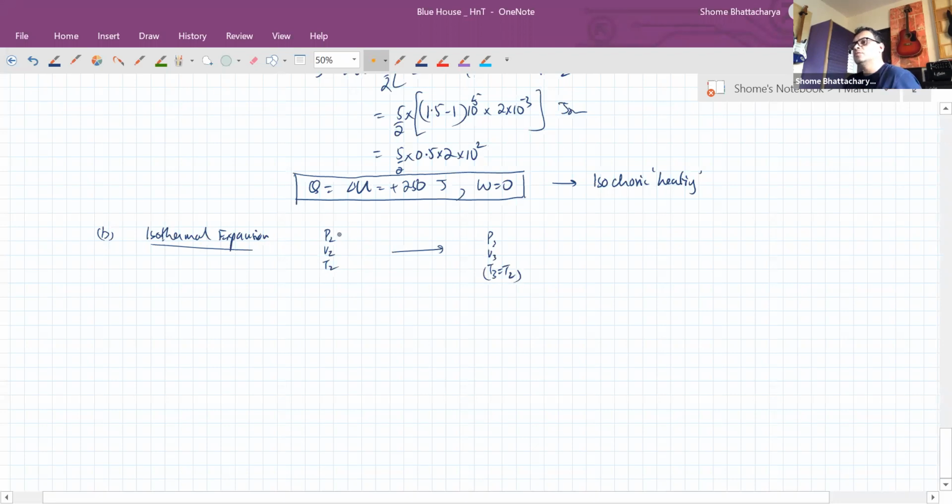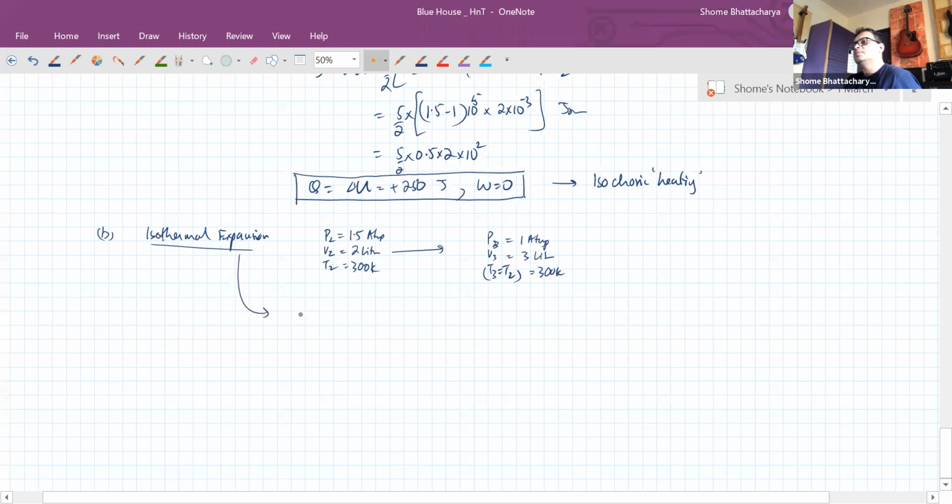So this is going from a pressure of 1.5 atmospheres and a volume of 2 liters at a temperature of 300 Kelvin to a final pressure which was reduced back to 1 atmosphere, volume that expanded to 3 liters.